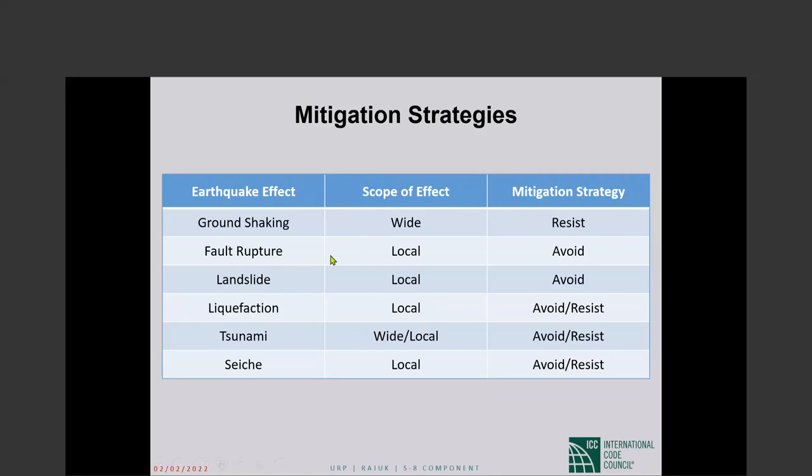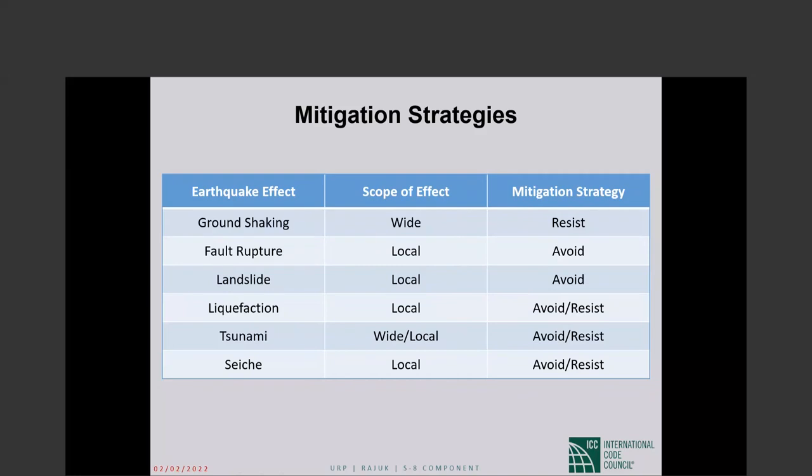Fault rupture has local impact, and there is nothing we can do about it if it happens. So what we can do is not build where we know that there are known faults, and there are restrictions in the IBC that you cannot do that.